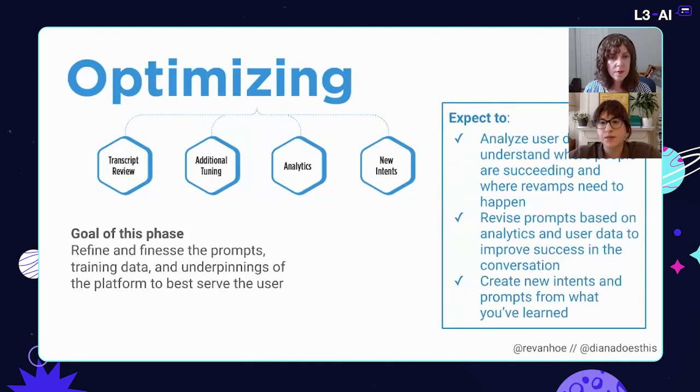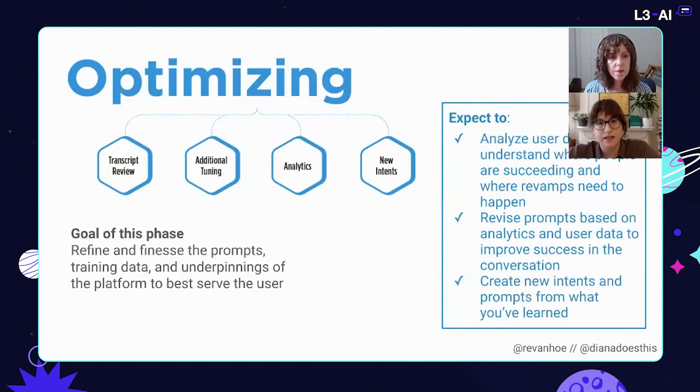A lot of teams use analytics, things like error rates. How many times is the fallback intent getting pinged? Individual utterances that failed for some reason. You might be looking at these hot spots where problems are occurring, or which intents are the most popular, things like that.